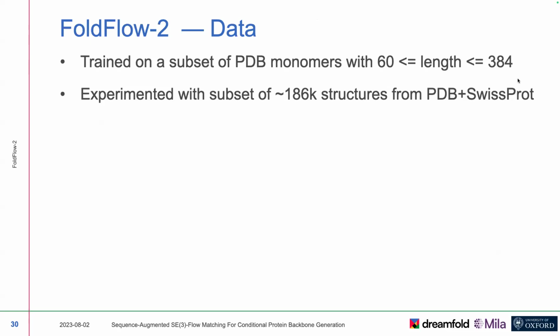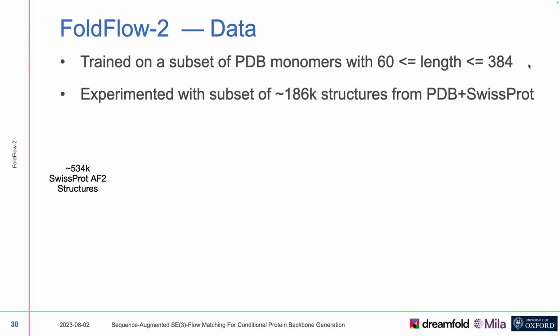We also experimented with a larger subset of 186,000 structures using a combination of PDB and also the Swiss-Prot subset of proteins from, I think, UniRef. Yeah, I think that's the larger set. And we had to do some substantial filtering on this synthetic data, so I will describe that now.